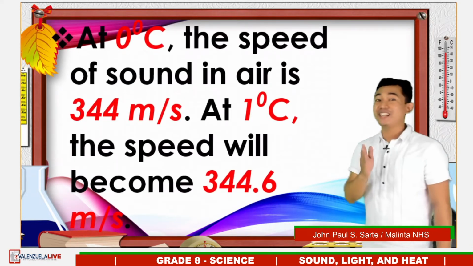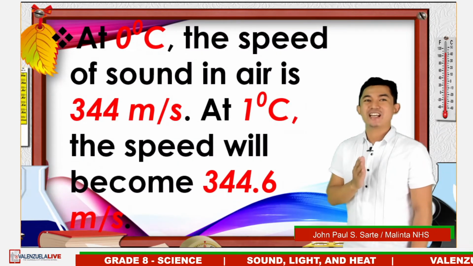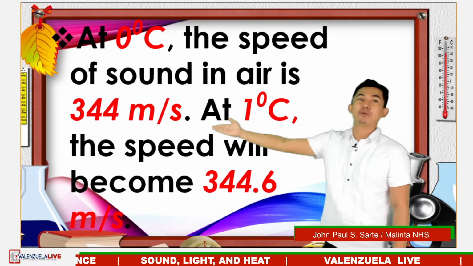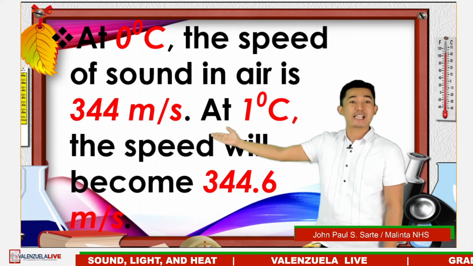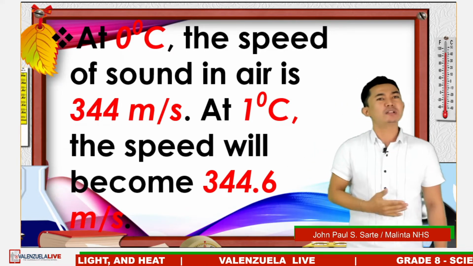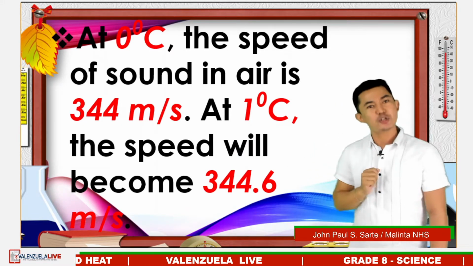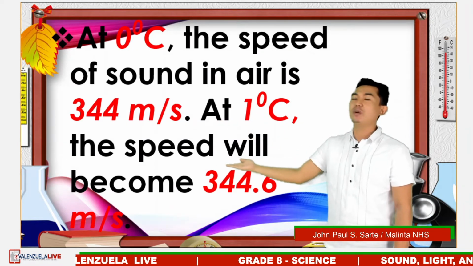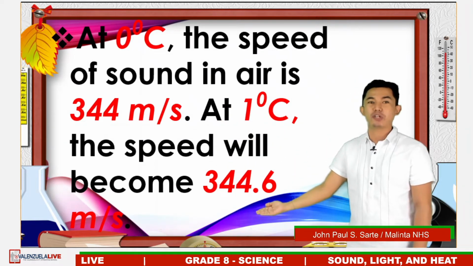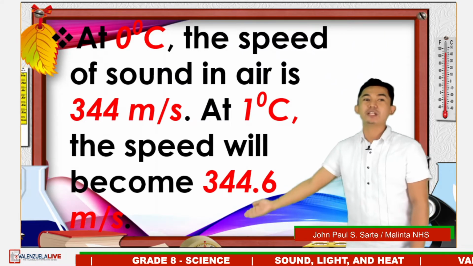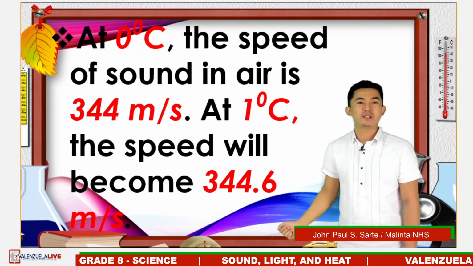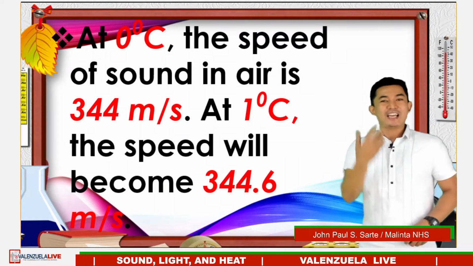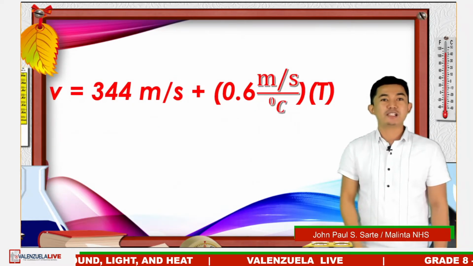Okay? Aside from that, at 0 degree Celsius, the speed of sound in the air is 344 meters per second, as we said a while ago. Now, how about if it is at 1 degree Celsius? At 1 degree Celsius, class, the speed will become 344.6 meters per second. Sir, how could it be? Okay, it is determined by this value.